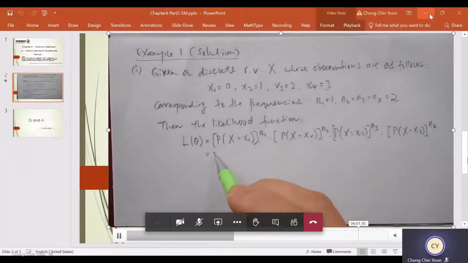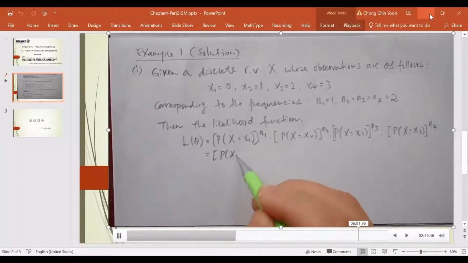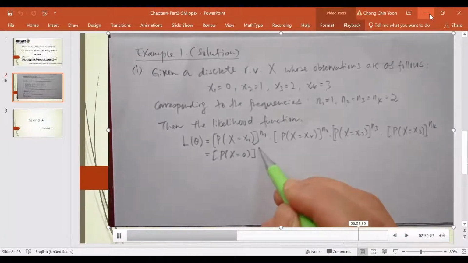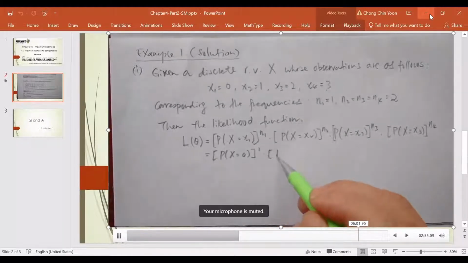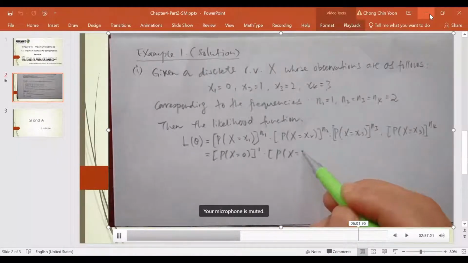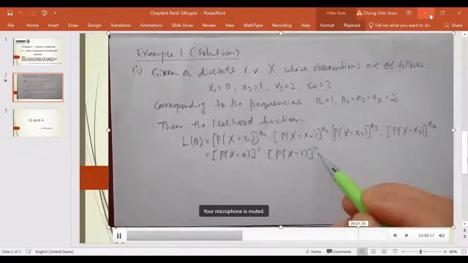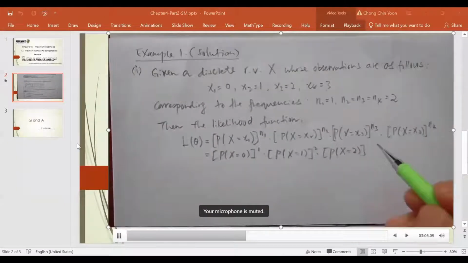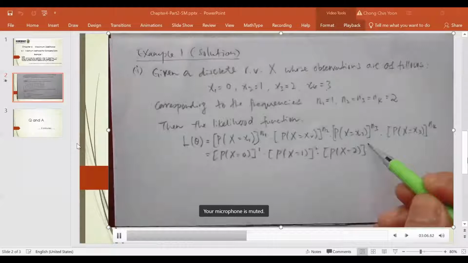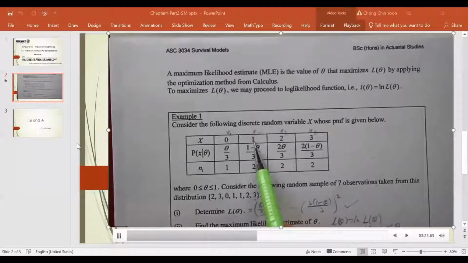So this equals the probability when x equals 0 to the power of 1, multiplied by the probability when x equals 1 to the power of 2, multiplied by the probability when x equals 2 to the power of 2, multiplied by the probability when x equals 3 to the power of 2 as well. We substitute all the PMF values from here. So 0 will give this, 1 will give this, and so on.